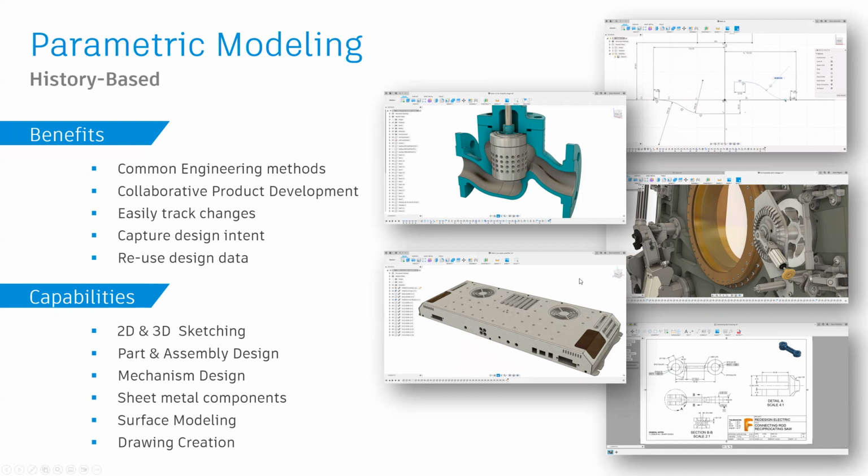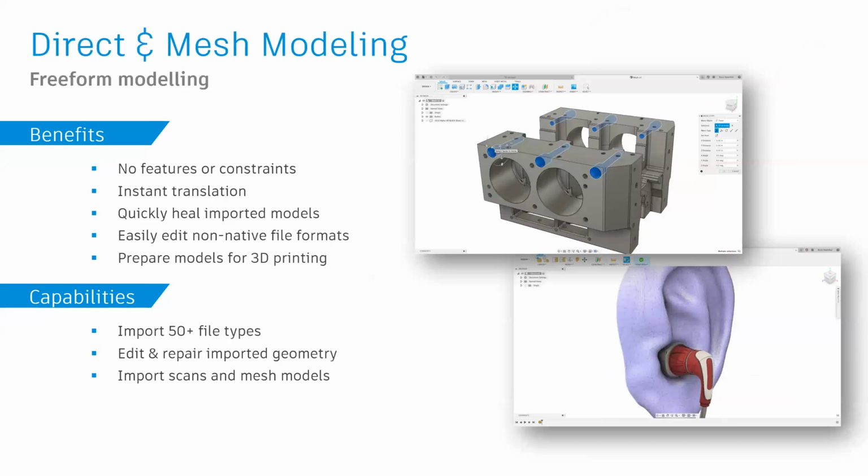It is easy to track the changes, as well as reuse the design data, because it is saved in the cloud. Whenever you want to refer to that particular drawing, it is available. It also has capabilities for 2D and 3D sketches, part and assembly designs, as well as sheet metal, surface and drawing. These are all the capabilities of part modeling with parametric modeling.